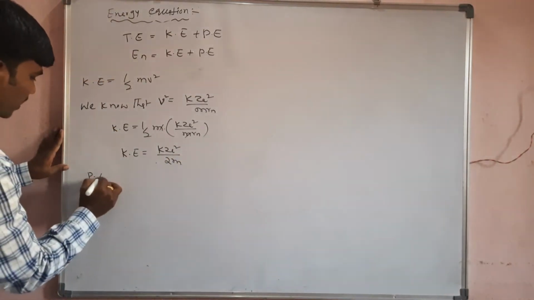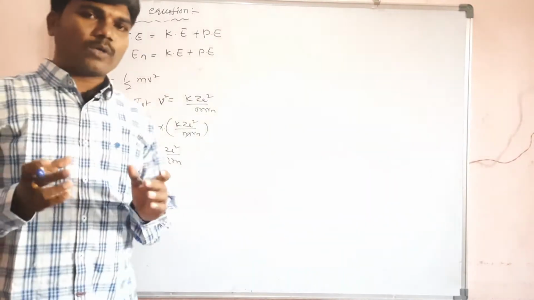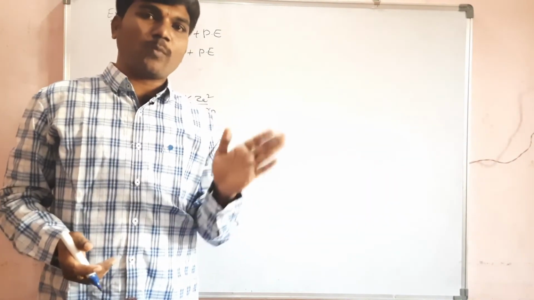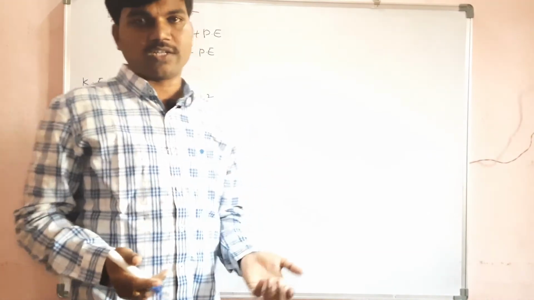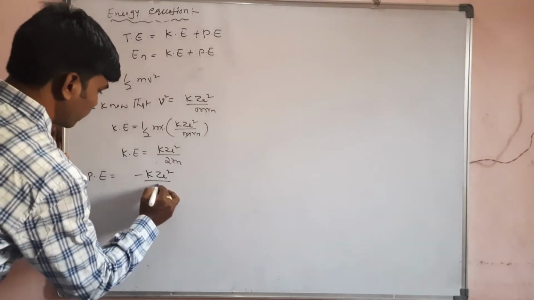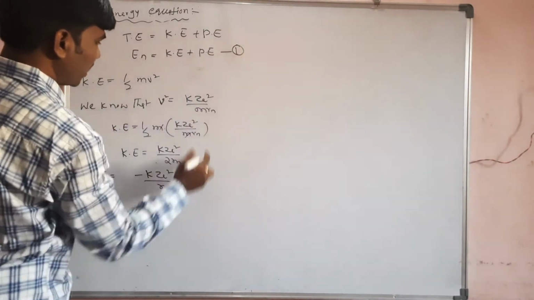Then the potential energy equation for this electron: the energy required to maintain distance r from the nucleus in an orbit is called potential energy, which is minus kZe square by Rn. Substitute these two values in equation 1.